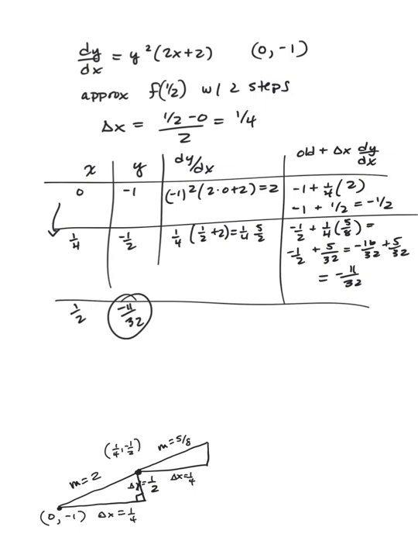And then my delta y was equal to 5/32. Okay, and so that gave us our final point, which was (1/2, -11/32). Some kids prefer to draw the triangles and do it that way, okay? It's up to you.